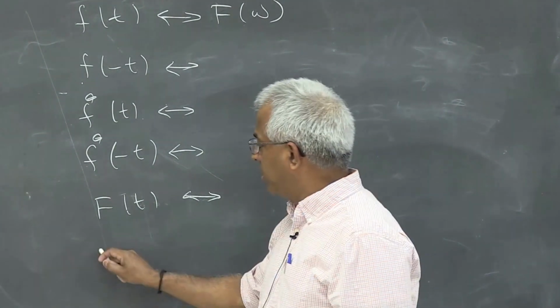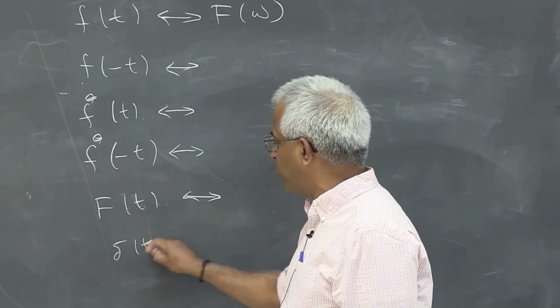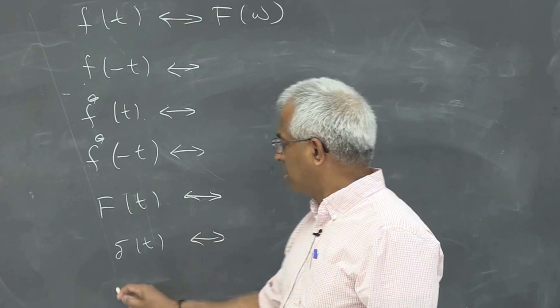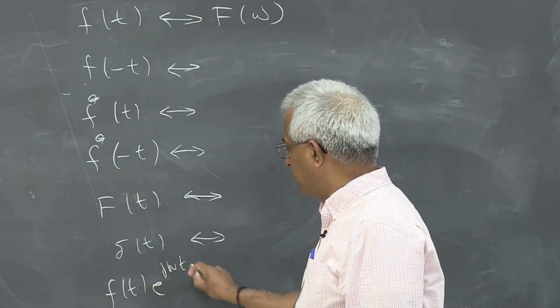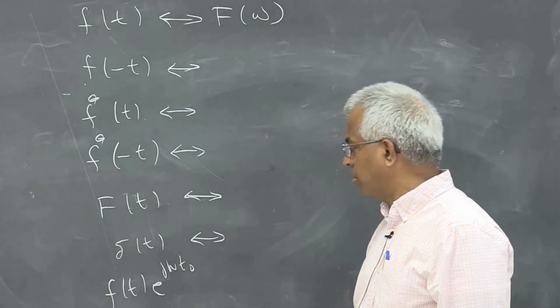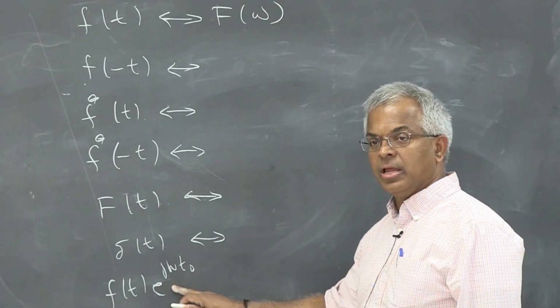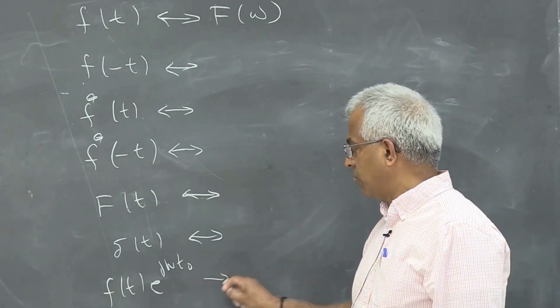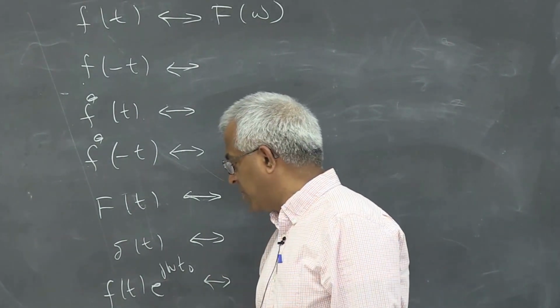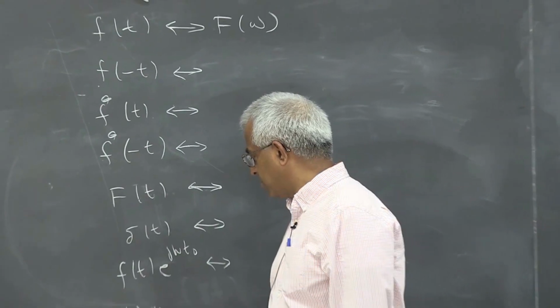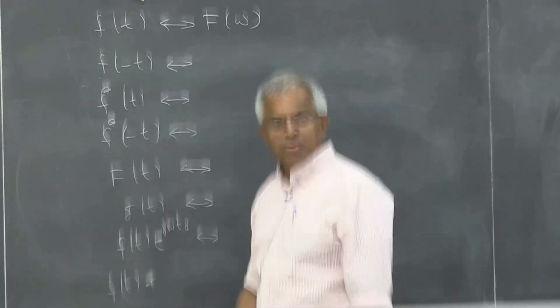And what is the Fourier transform of delta t? What if I modulate a signal with a carrier? Remember this is amplitude modulation. What is the Fourier transform? And what if I convolve two signals? What if I do this? What if I do that?